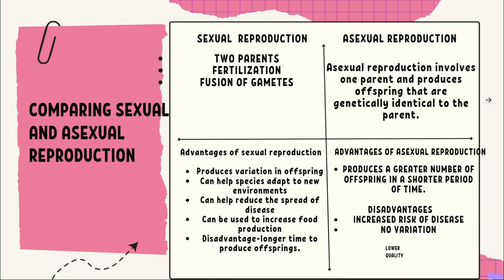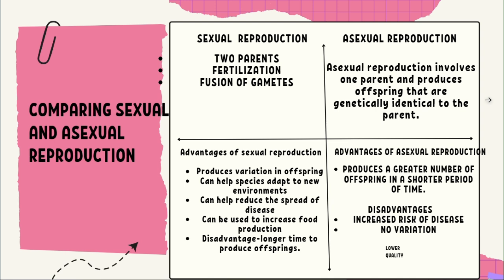Asexual reproduction, and you can note this down as a big difference. If a question asks you to name two or three differences between sexual and asexual reproduction, you can say that sexual reproduction involves male and female gametes, while asexual reproduction involves no gametes. Sexual reproduction involves fusion of gametes, asexual reproduction has no fusion of gametes whatsoever.